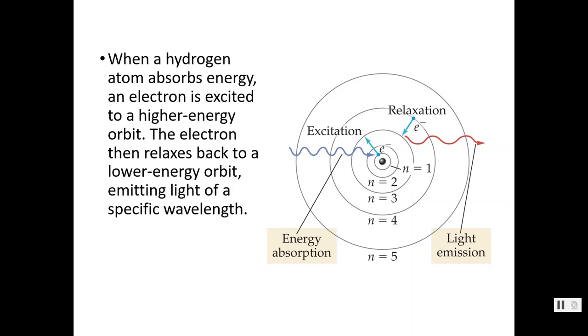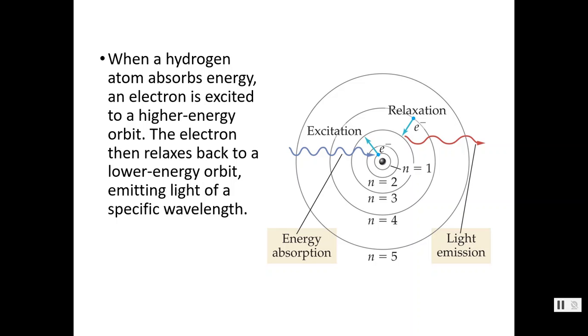We're not going to talk about the math. You just need to know that this model, the Bohr model, works great when predicting where an electron is in a hydrogen atom. And remember, hydrogen only has one electron because it only has one proton.